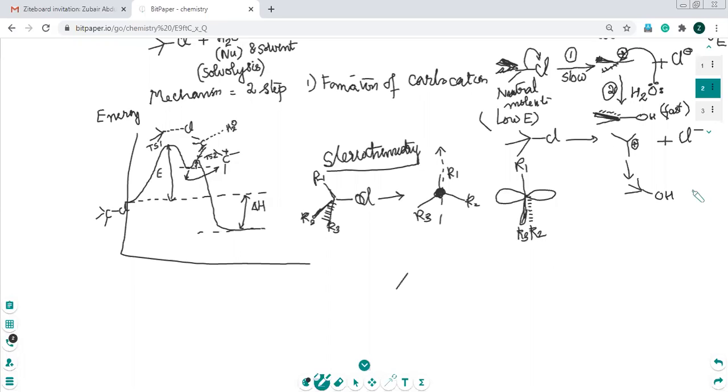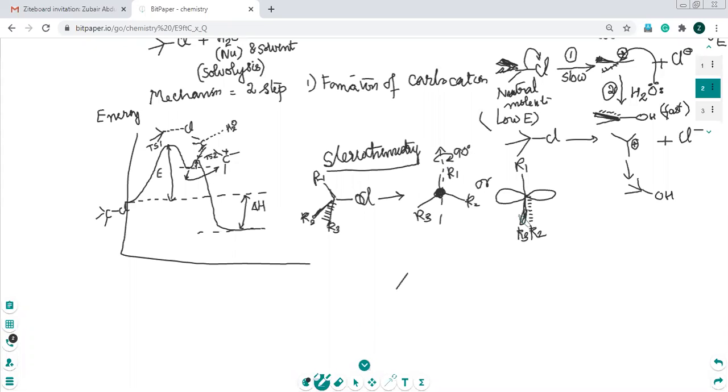Now, once you have this empty p orbital, then what happens? So this is your first step. So I'll put an OR here. Rotation by 90 degrees.